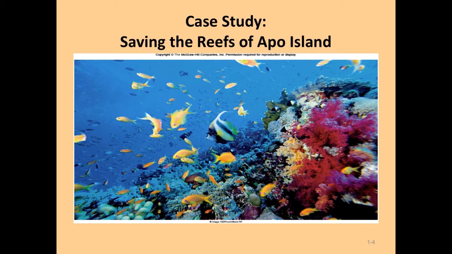Back in 1979, some scientists were studying this area, and they noticed that because of very rudimentary practices by the people in the region, they were slowly but surely killing it. They were using explosive dynamite to kill large populations of fish at one time.